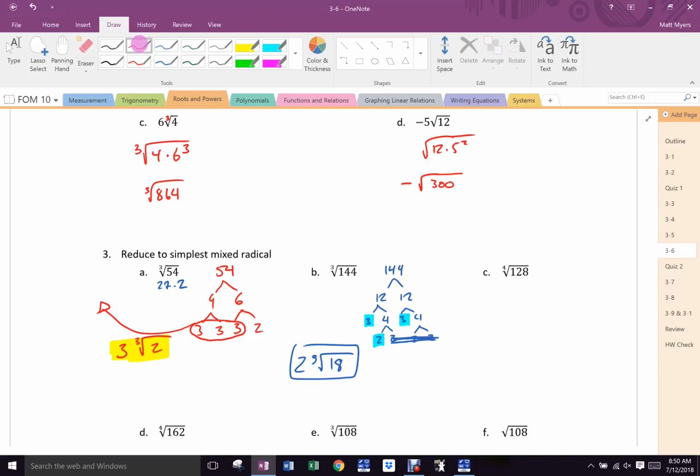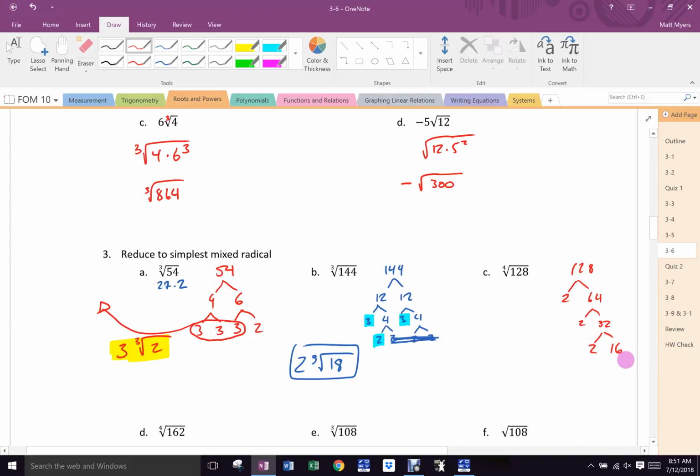Would anybody like to tell me how they started? The tree gets big, doesn't it? If you do a factor tree, right? It gets pretty large. What did you start with? 2 and 64. 2 and 32. 2 and 16.